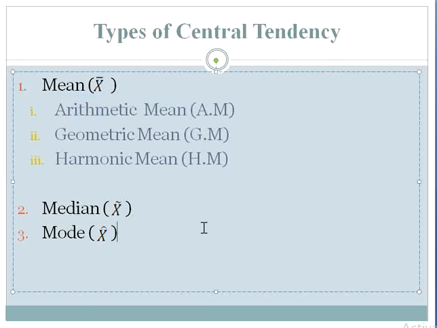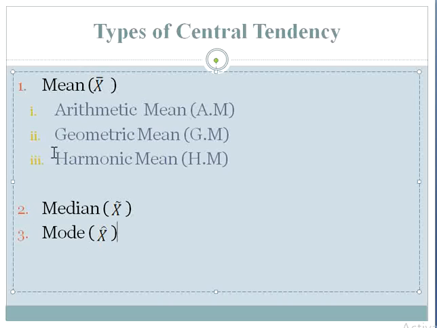There are mainly three types of central tendency, but different authors in different books generally say there are five types: arithmetic mean, geometric mean, harmonic mean, median, and mode.